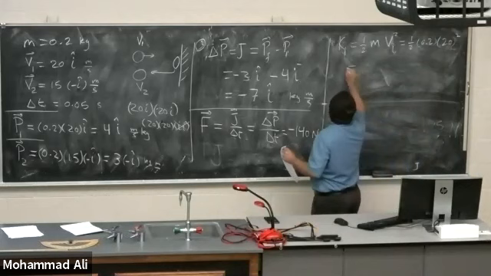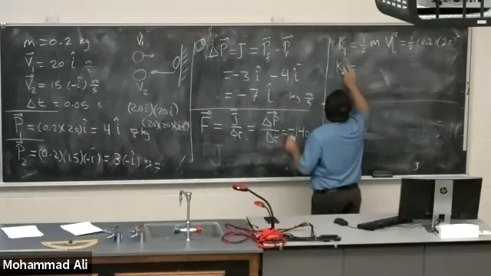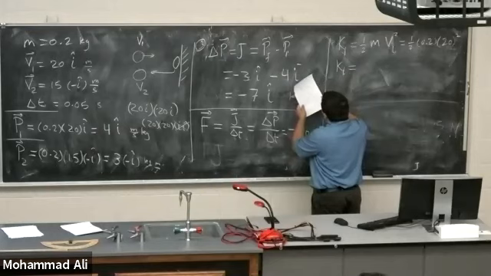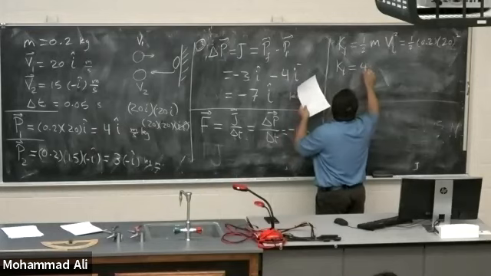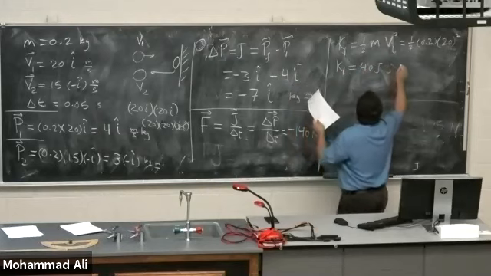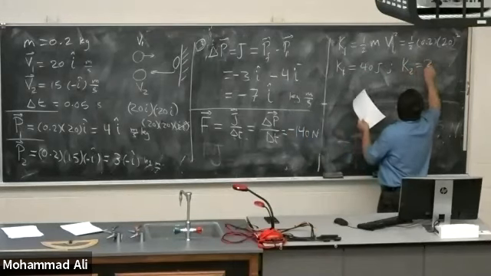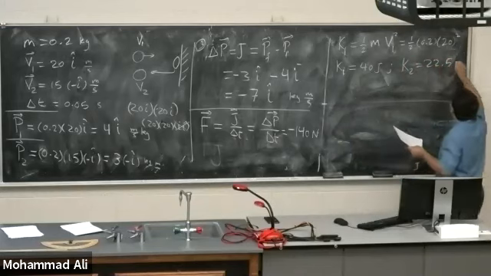So the initial kinetic energy is equal to 40 joules. In the same way, the final kinetic energy is equal to 22.5 joules.